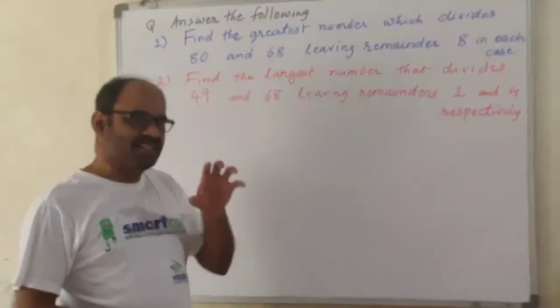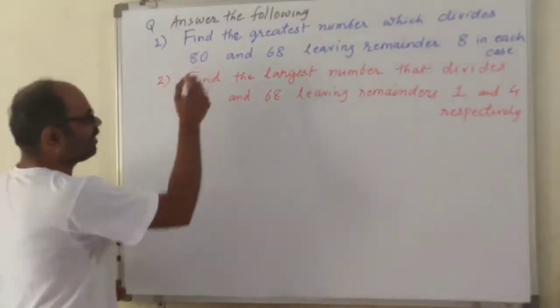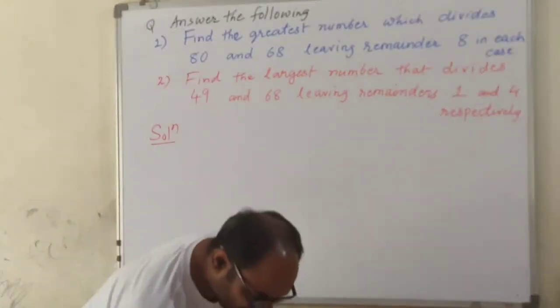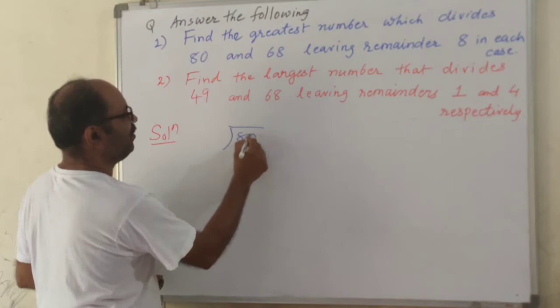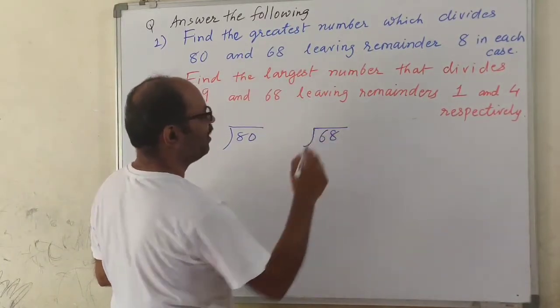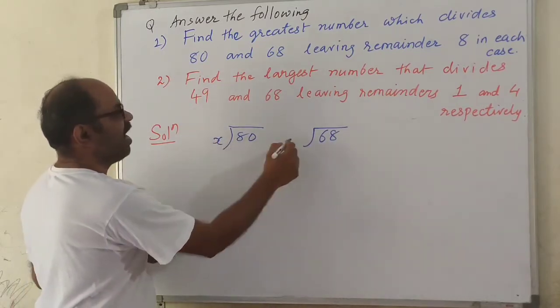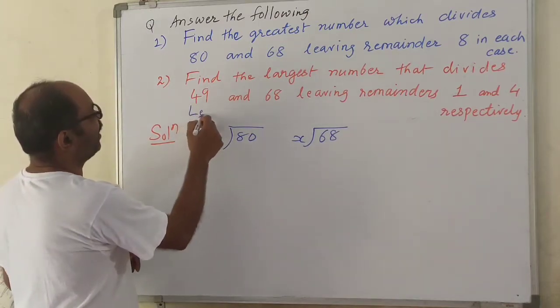Can we put this in the form of symbols, or symbolically can we write down this statement? Yes. Let's see. The first number is 80, correct? The second number is 68. Let that greatest number be x. Children, here I write that statement.